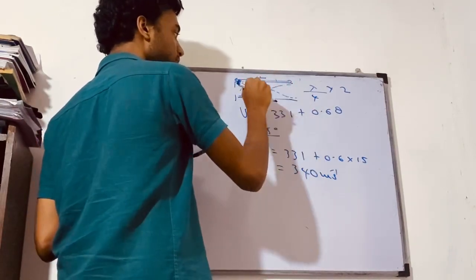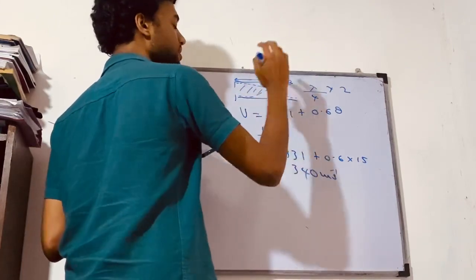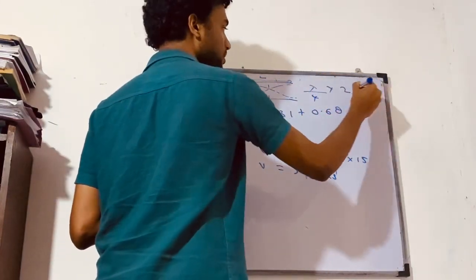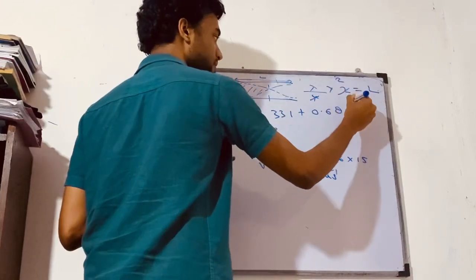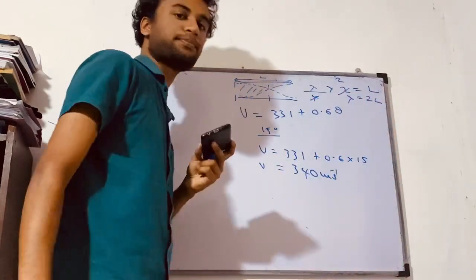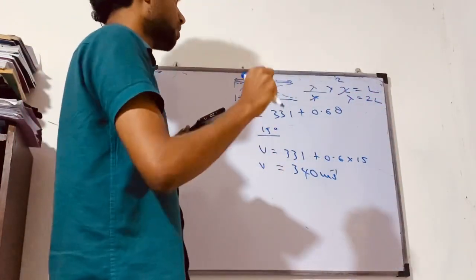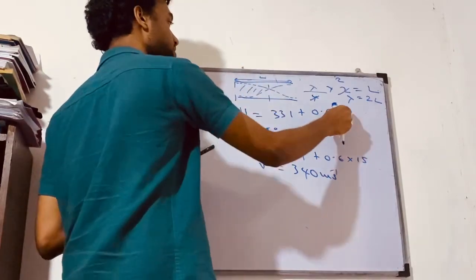So twice of lambda divided by 4 segments is equal to the length L. Then lambda is equal to 2L. Is that clear?